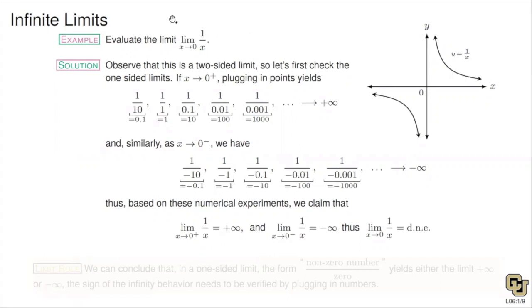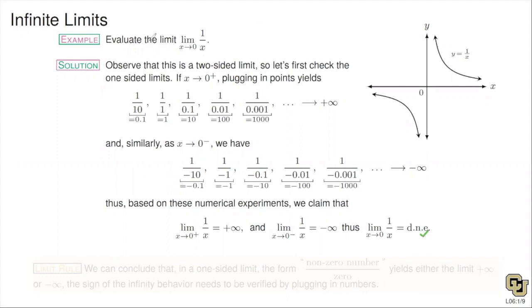A very common mistake that some students might make is to write that the two-sided limit equals plus infinity. And of course, that would be wrong. What's correct is the two-sided limit does not exist. Now be very careful.